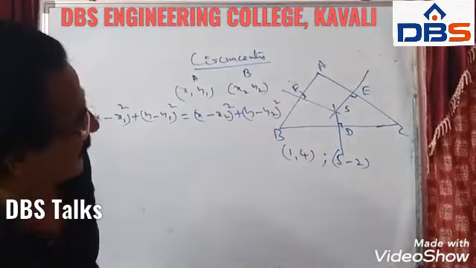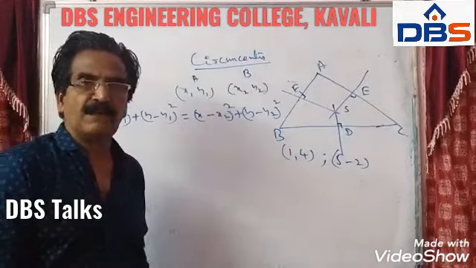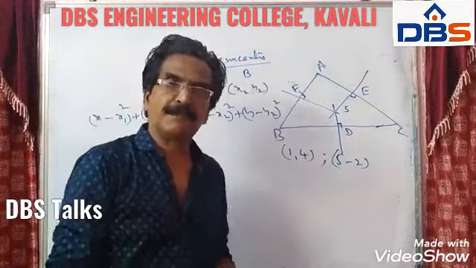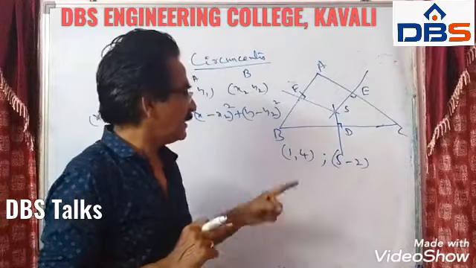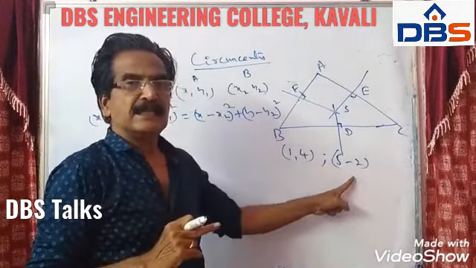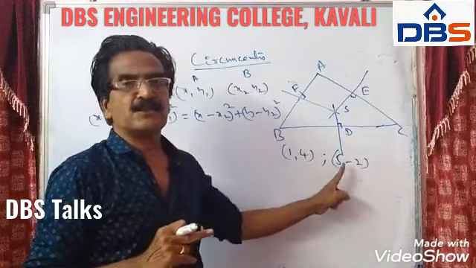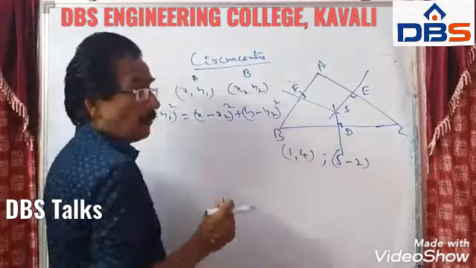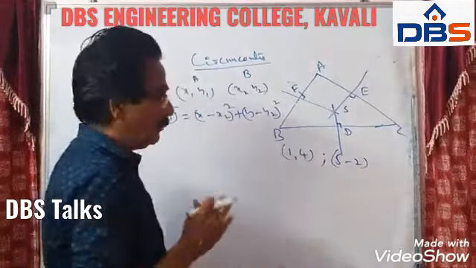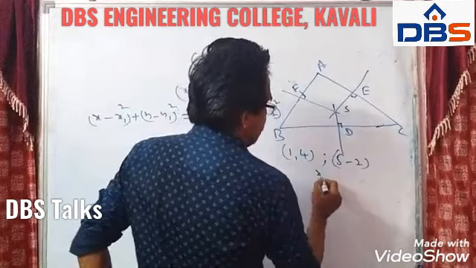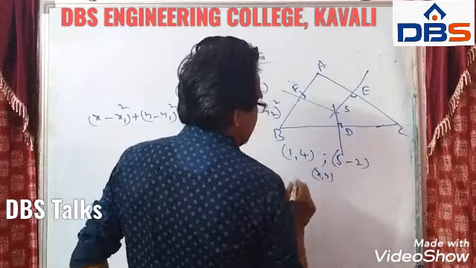So we have to find the equation of the perpendicular bisector of the line joining this and this. So this is x1 y1, this is x2 y2. So now we have to find the locus of x y.